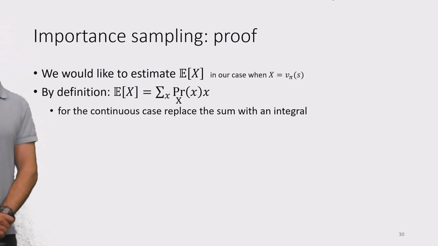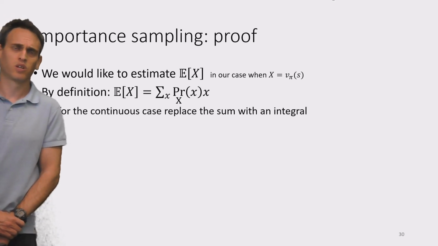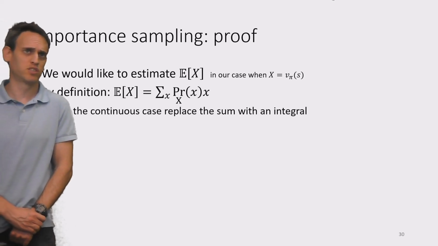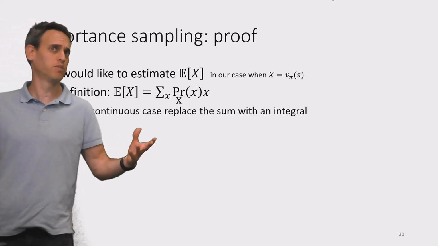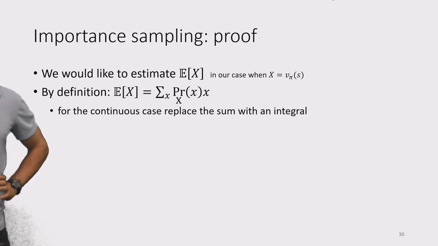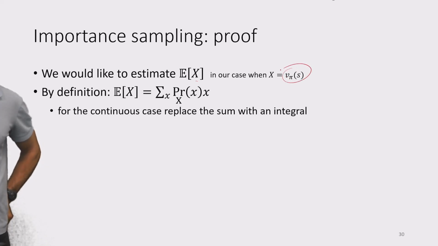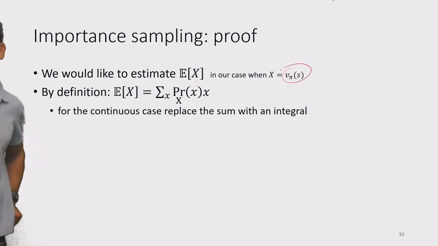Okay, so I'll do the proof in a more general sense, for any random variable, because you can consider our trajectory is just a random variable, a very complex one, but eventually it's just a random variable. So we would like to estimate an expected value of x, where x is V pi of s, right? This is what we would like to estimate.